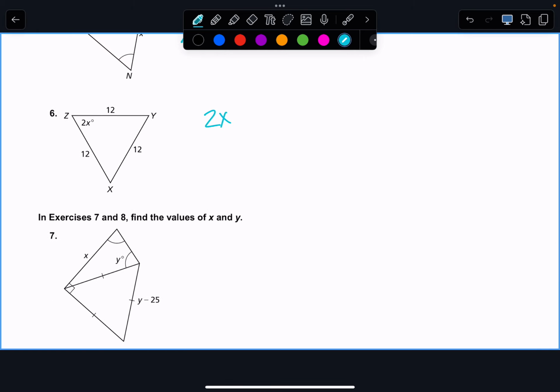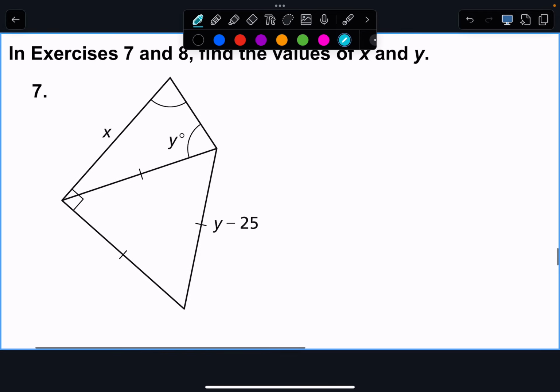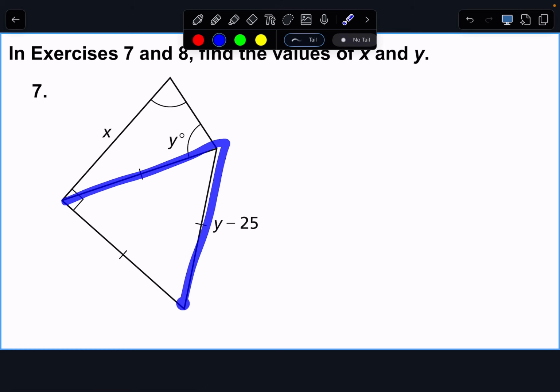So in this one, x equals 30. Are we good with that? Okay. Now, in number 7, you have to figure out y before you can figure out x. This triangle right here is equilateral, which means every angle is what?